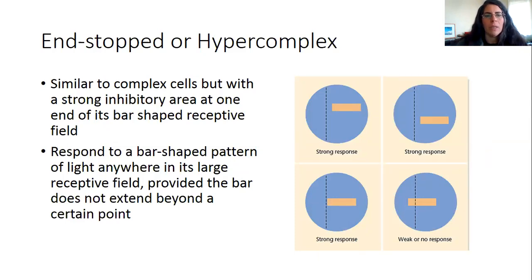End-stop cells are similar to complex cells, but they have a strong inhibitory area at one end of their bar-shaped receptive field.